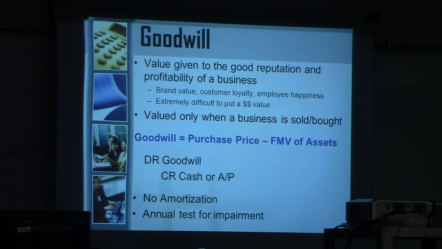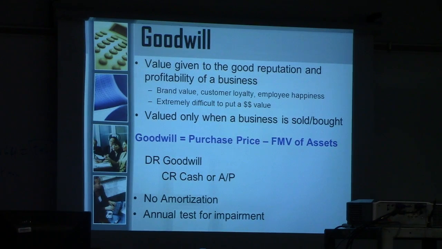But when you sell it, because you've got a location, you've got an existing customer base, everyone in that area comes to your convenience store, you've got great image, you've got a lot of reputation, the value of your store is $200,000. So the purchaser pays you $200,000, yet your assets are worth $110,000. So the difference, the $90,000 difference is goodwill.